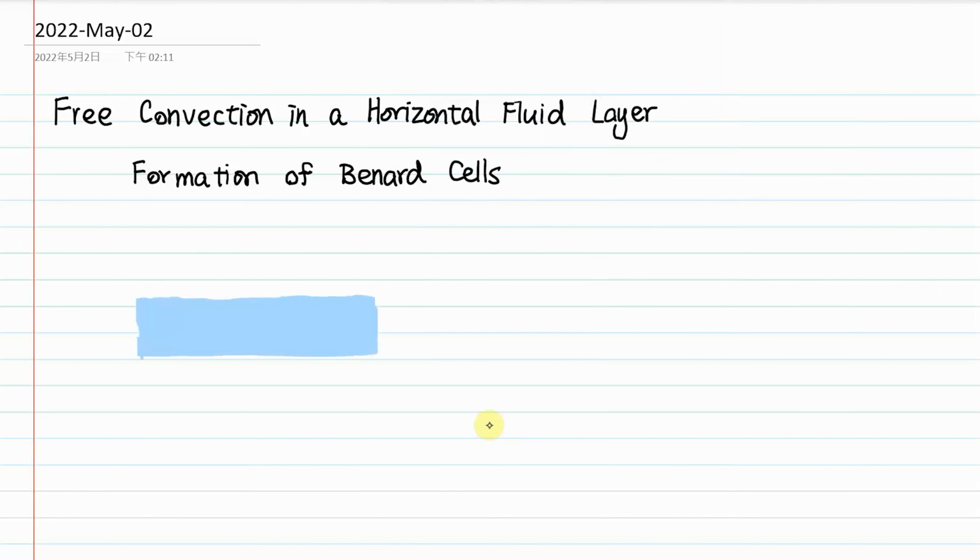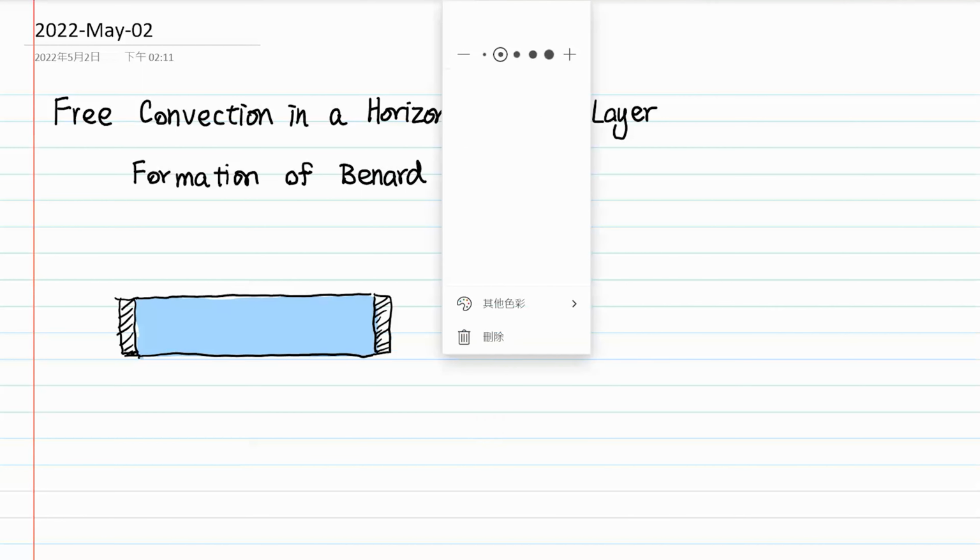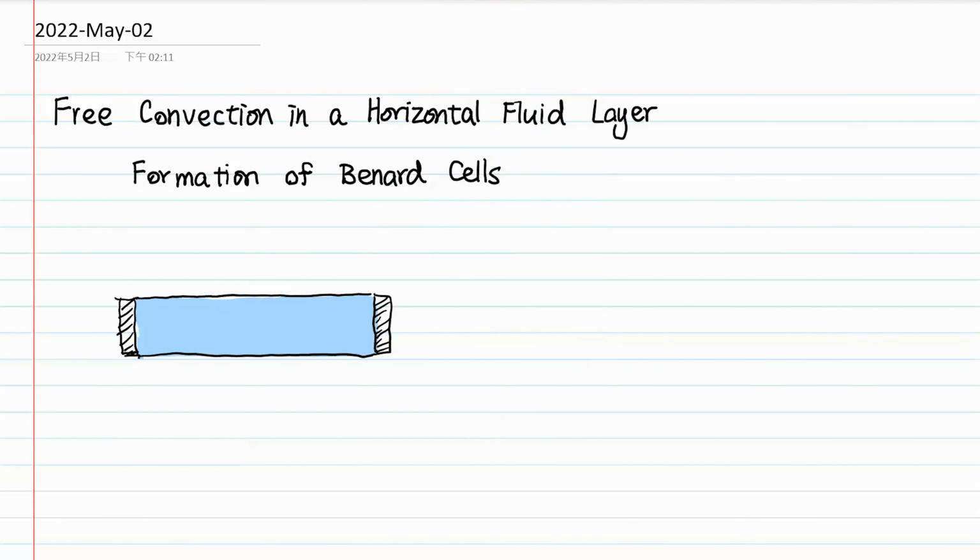So we have an upper plate and a lower plate. On the side of this thin film layer of fluid, we have insulating materials. The upper plate is constantly held at, let's say, T equals T1, and the lower plate is held at T equals T naught.